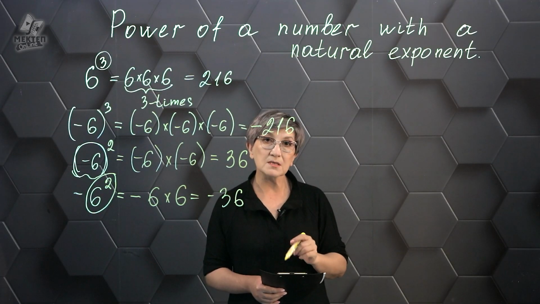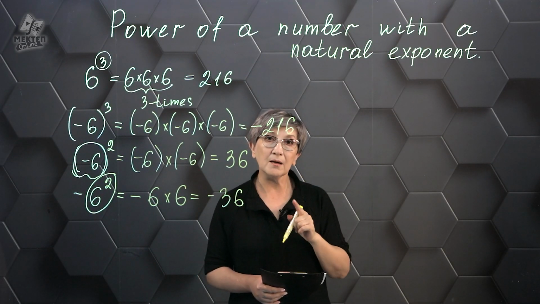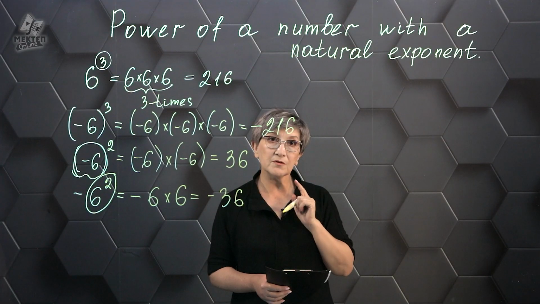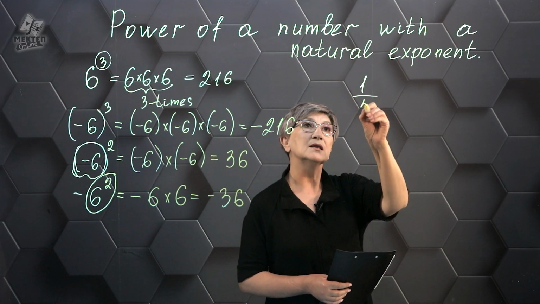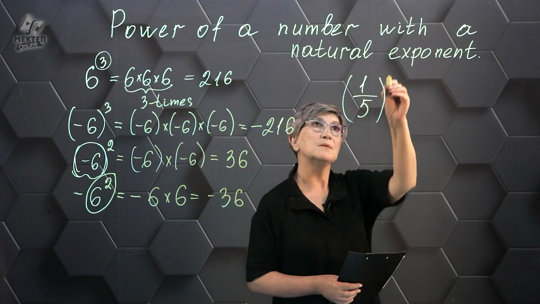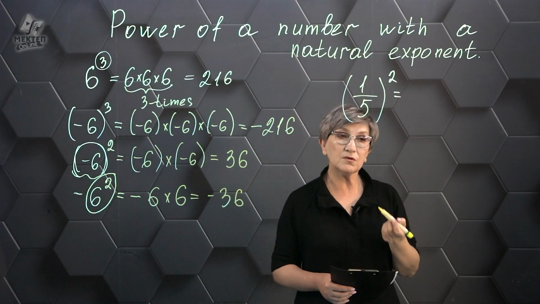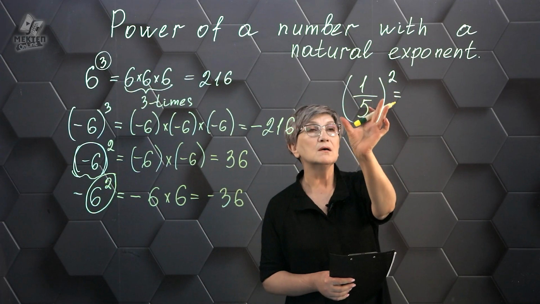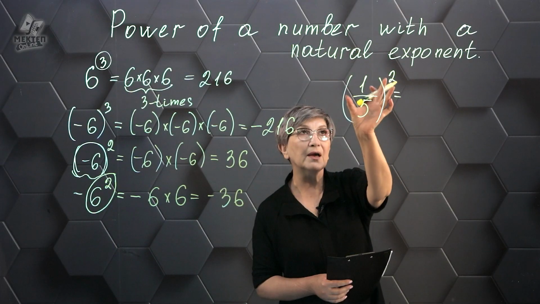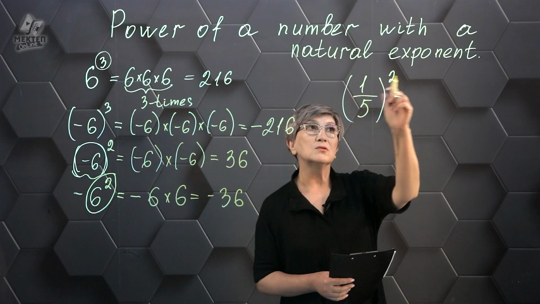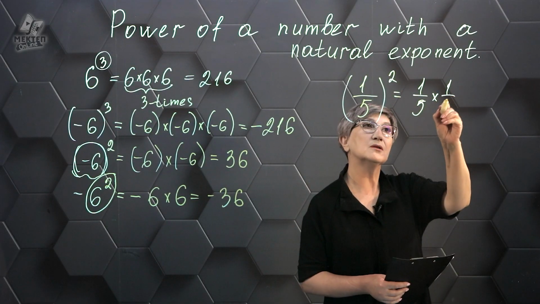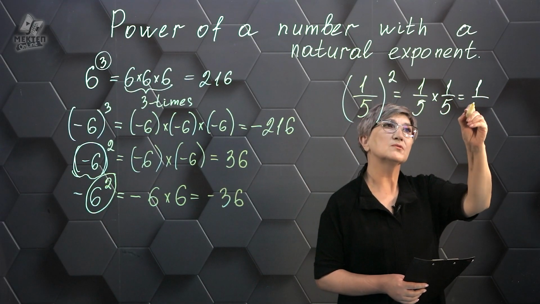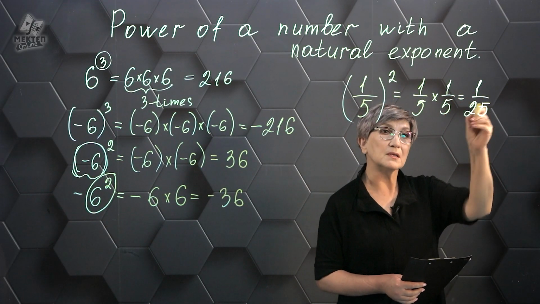In the same way, we calculate fractional numbers when we raise them to some degree. Let's write it down. 1/5 to the power of 2. What is the result? Since the fraction 1/5 is written in parentheses, I multiply 1/5 by 1/5, and the result is 1/25.